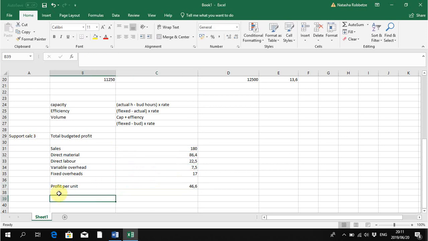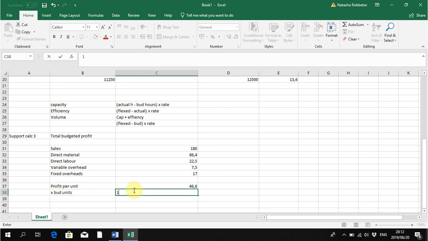There's the budgeted profit. Then I'm going to times it by my budgeted units, and that is 10,000 budgeted units. So my total budgeted profit is then that amount times the units.